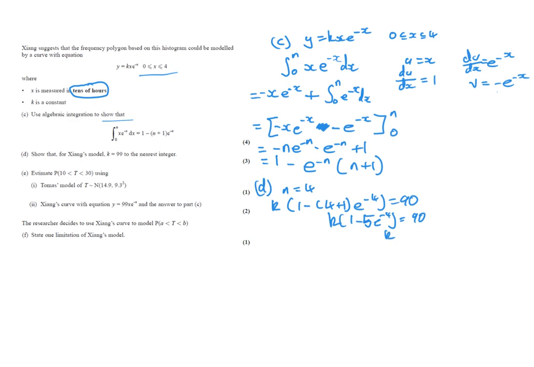So that gives us a k value of 99 point, and a mess. Going back to, we want the nearest integer, so k equals 99. So using some of the details of the model, so it being valid from 0 to 4 and the fact there's 90 patients.